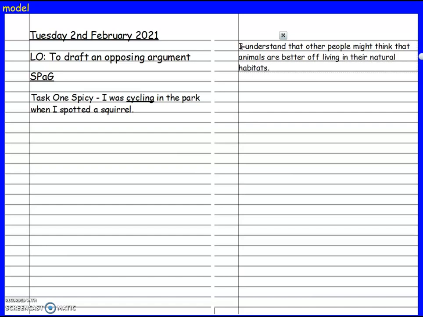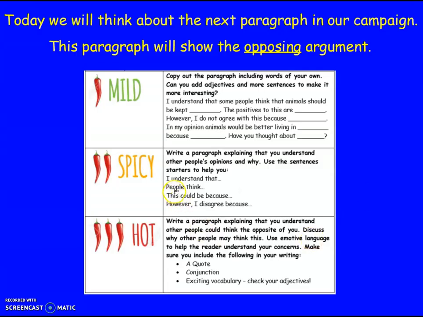And I'm saying that because that's the opposite argument than I've decided to do my campaign on. So I'm writing my campaign about animals staying in captivity. Okay, so here I'm acknowledging that other people think that animals are better off living in their natural habitats.